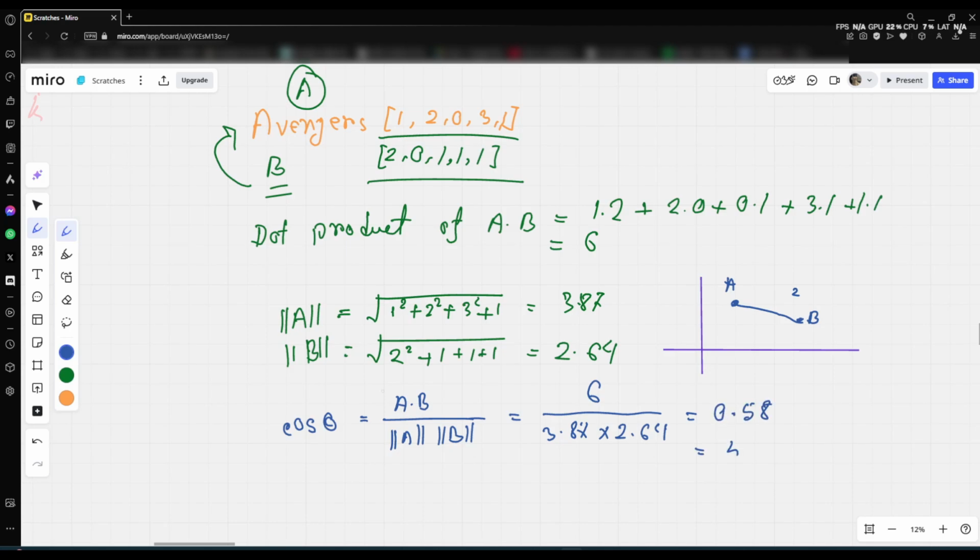In other words, 58%. So this movie B is 58% similar with Avengers. So there is a chance of 58% that this movie B will also be recommended. That's how the whole recommendation process is used.